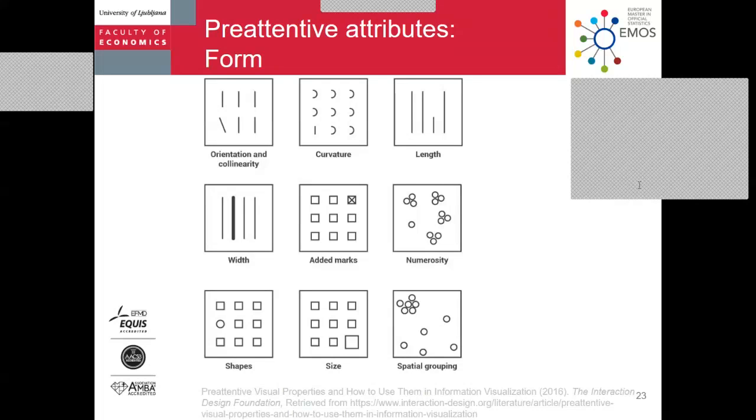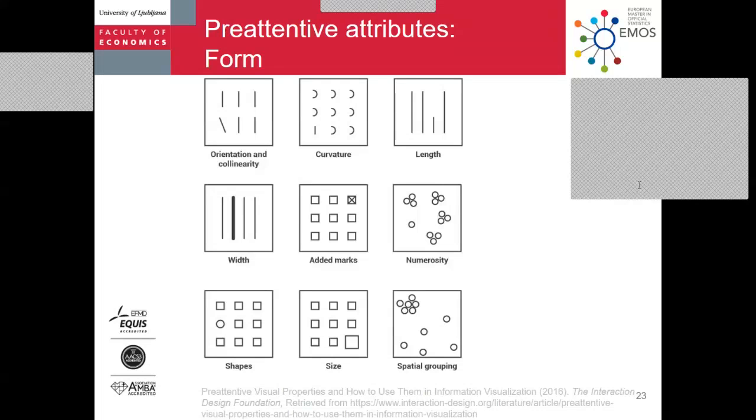The idea of this pre-attentive attribute is that you don't really have to think about it very much. You, in general, just see it. So maybe in some cases it's a bit easier, but the idea is that you can make that quite easy, because it's how our brain is working.